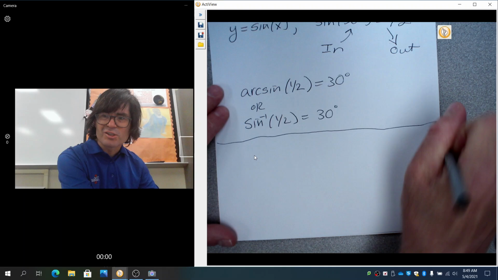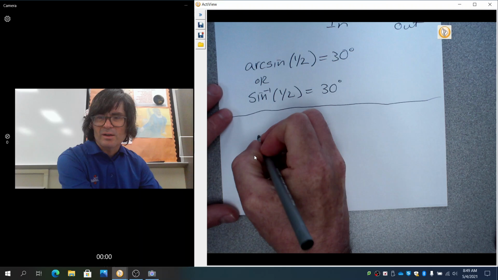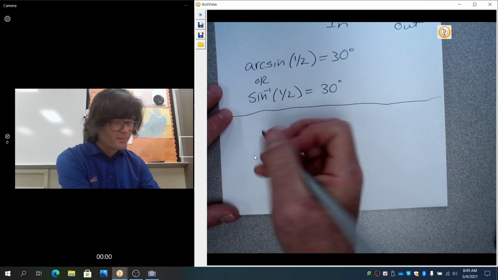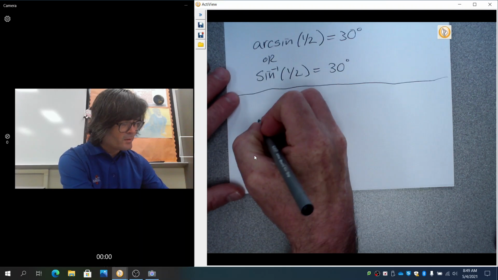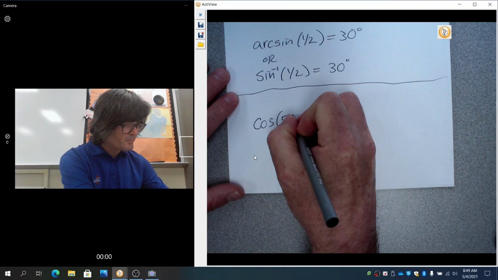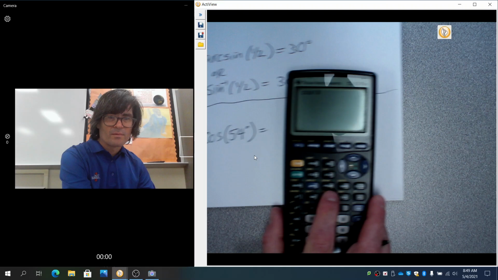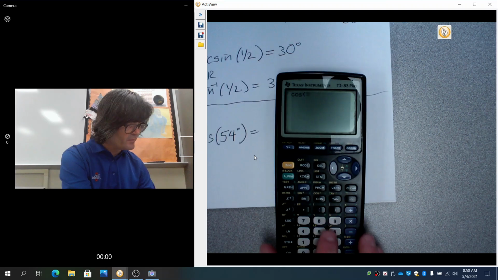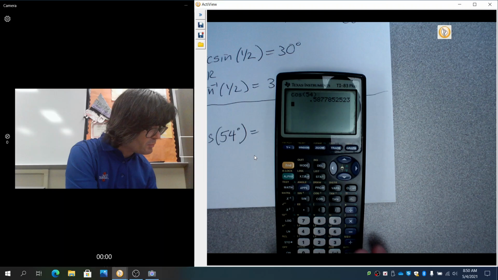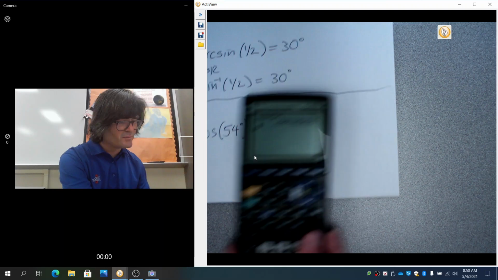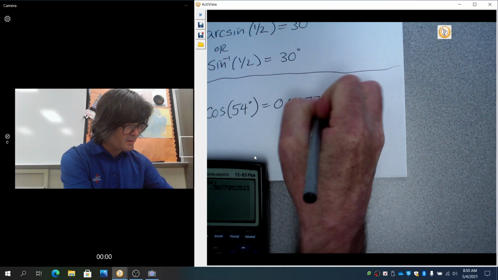Actually, before we do that, let's just try one more of these. Let's do an unusual angle. Say you do cosine, I'm going to make this up, 54 degrees. I don't know what that is. Cosine 54 degrees is 0.58779.